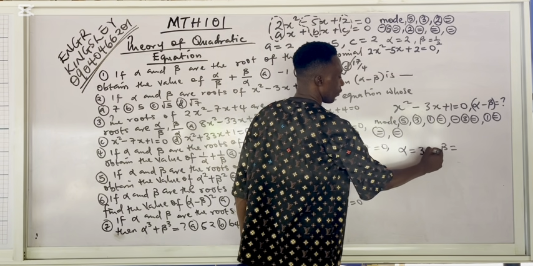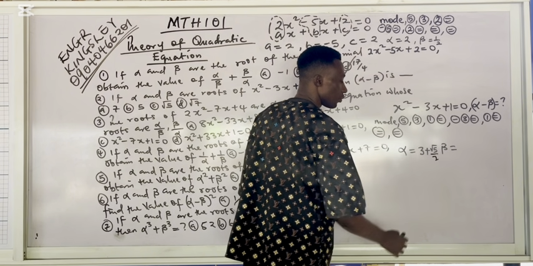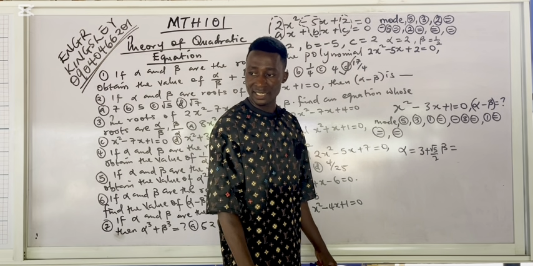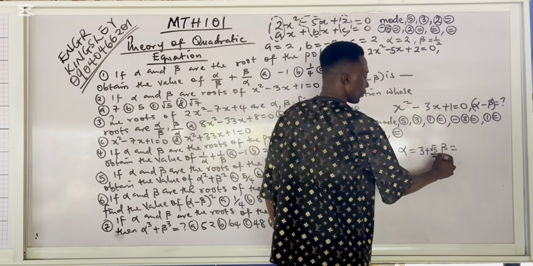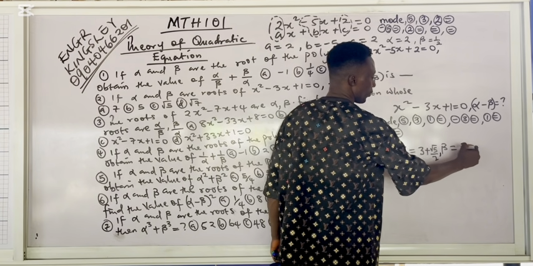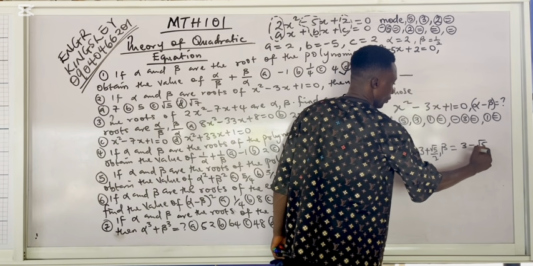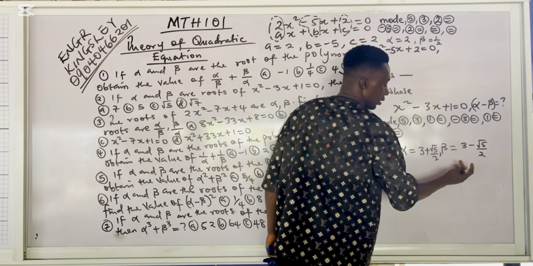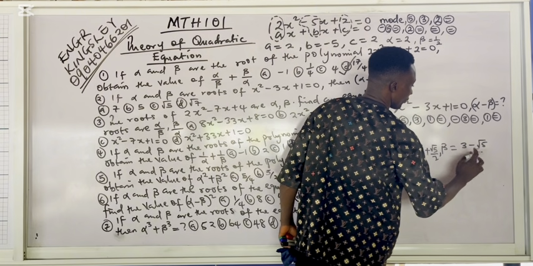Alpha is 3 plus root 5 over 2. Beta is what? 3 minus root 5 over 2.